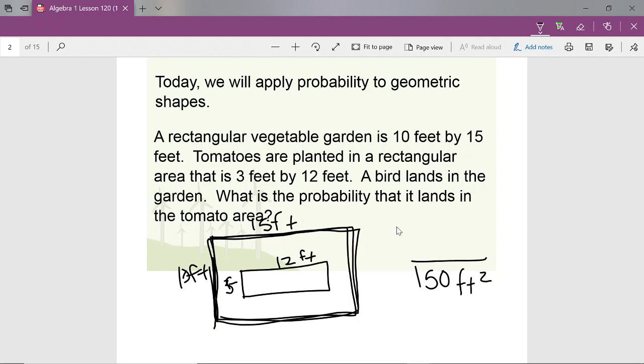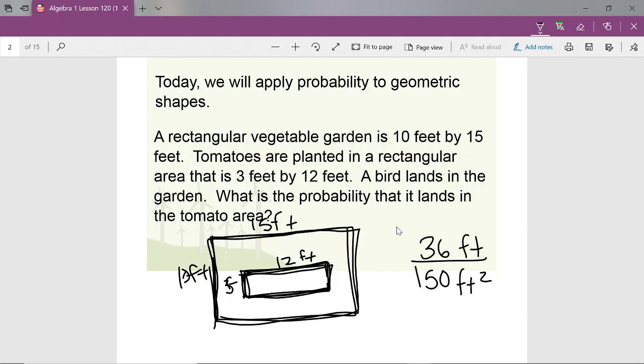Well, we want a certain outcome. We want him to land in this spot that grows tomatoes. That's 3 by 12, and that would be our numerator. Just like we would say, I want the number 2 on a number cube, and that's one outcome out of 6. Here we're saying there are 36 square feet that he can land in to be successful out of a total 150 feet.